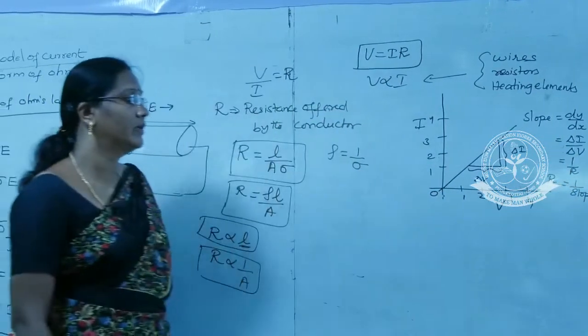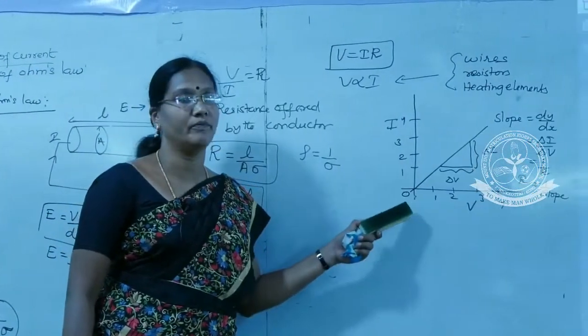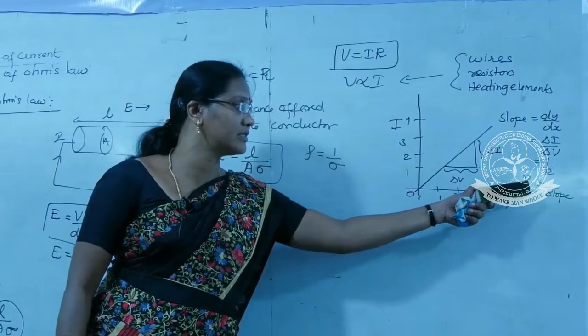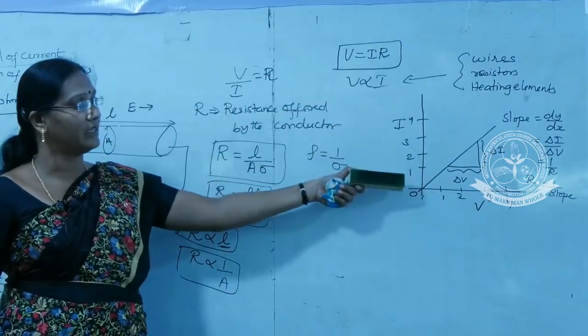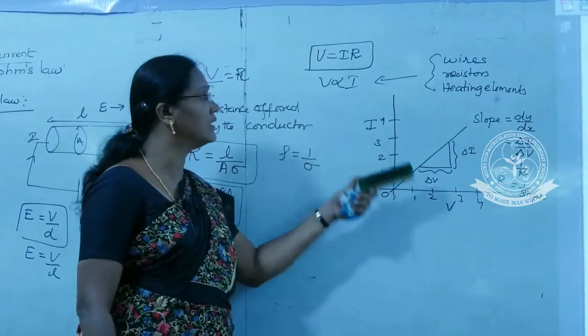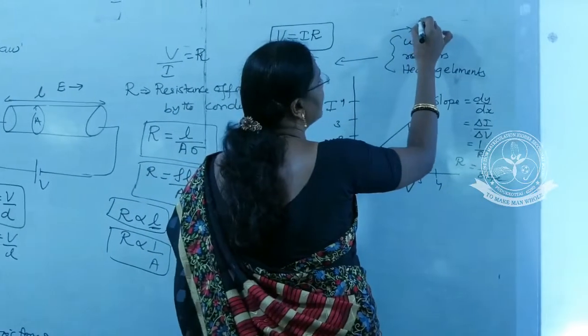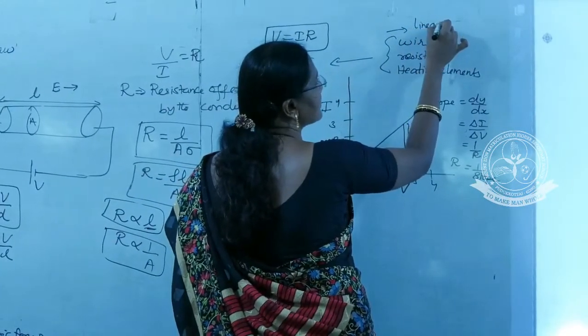And this is actually a constant. Wherever you take the slope, we get the constant value. So the resistance is constant in this case. The materials that obey this Ohm's law are called linear devices or linear ohmic devices.